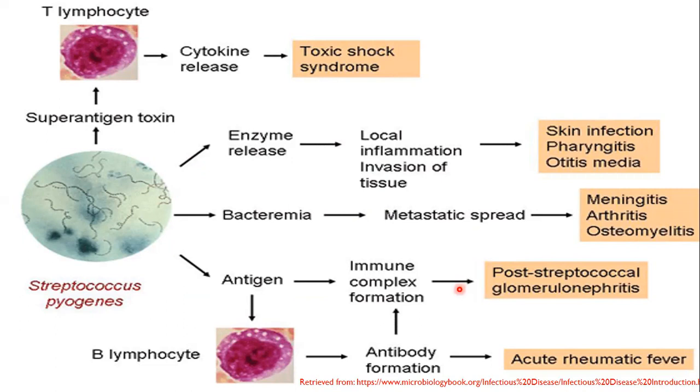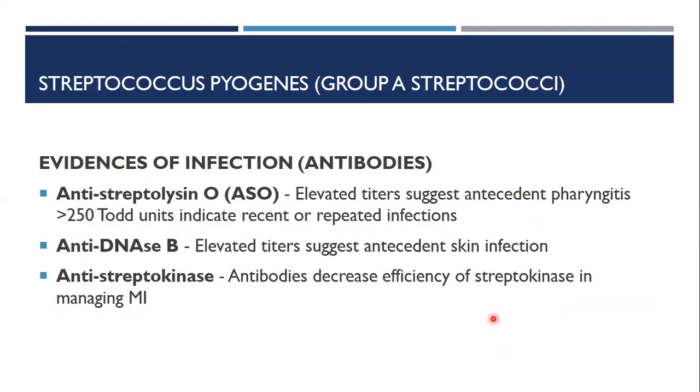So when it affects the kidney, we call it acute post-streptococcal glomerulonephritis, or APSGN. And when it affects the heart, we term it as acute rheumatic fever or myocarditis. So we'll discuss this later.